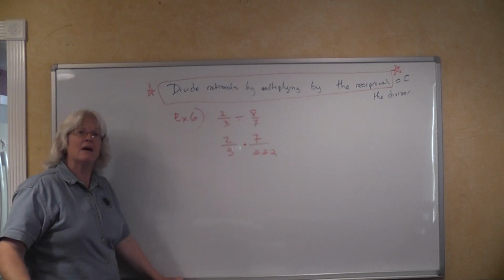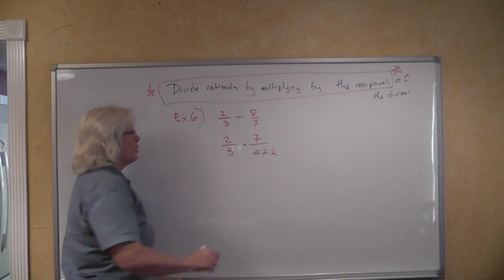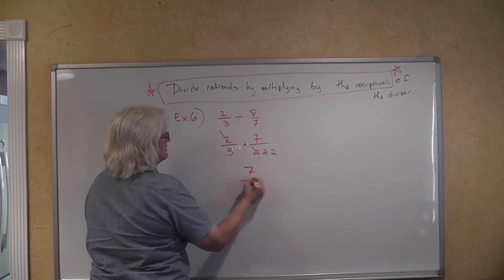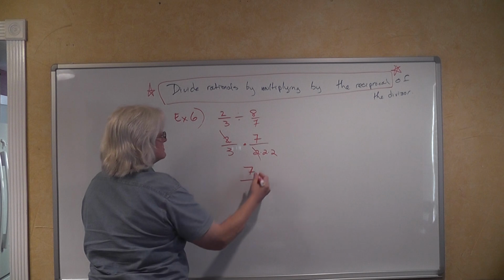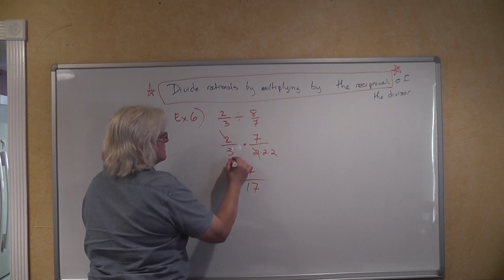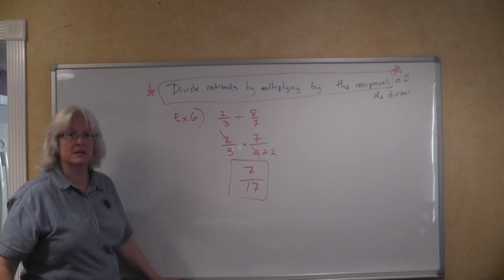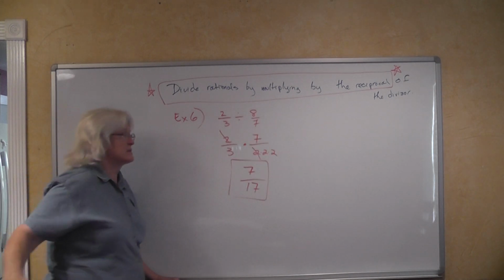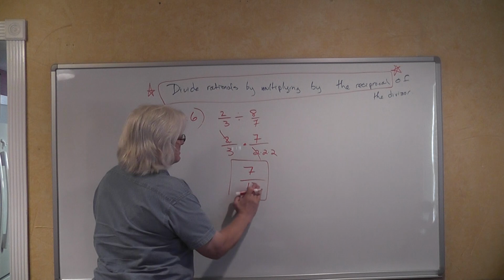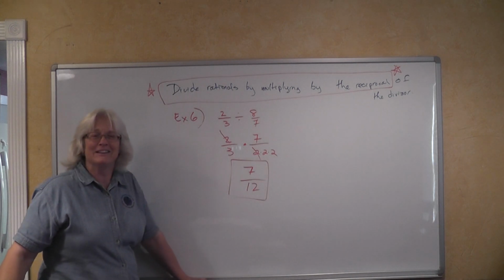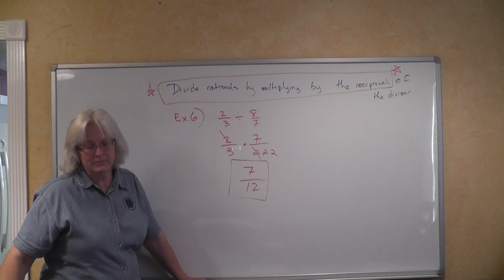The only thing that we have in common here is one factor of 2. 7 over 3 times 2 is 6 times 2 is 12. 7, that's interesting. I said 3 times 2 is 6 times 2 is 12, and I wrote 17. The hazards of trying to write and think and talk at the same time.